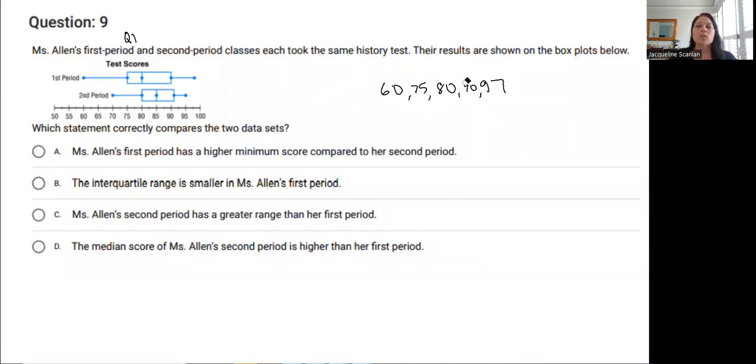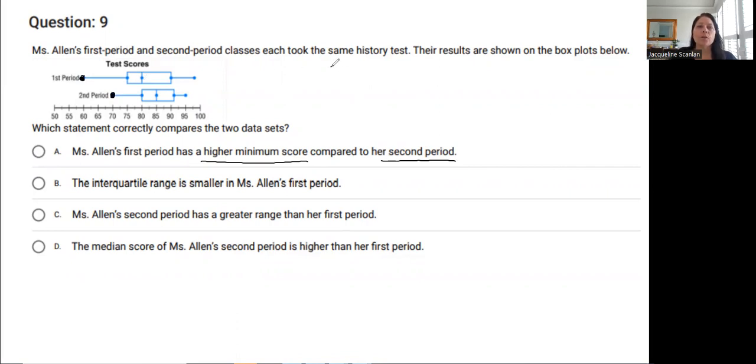All right, so we're going to actually start looking at the choices, and we're going to do math depending on what each choice suggests. Answer choice A says, Miss Allen's first period has a higher minimum score compared to her second period. So again, the minimum score is always the farthest left point on your box plot.